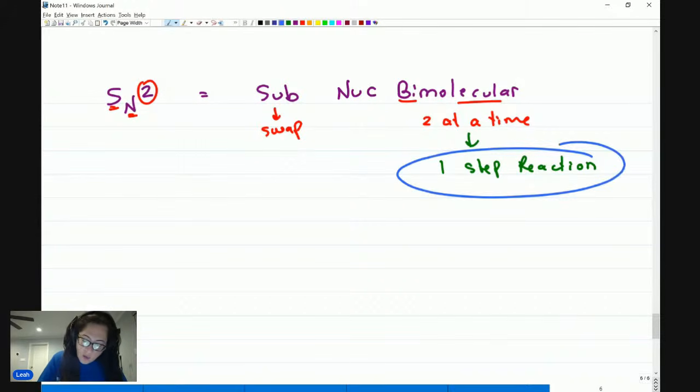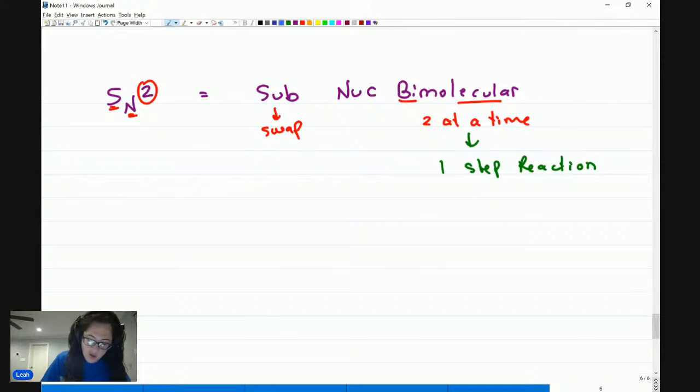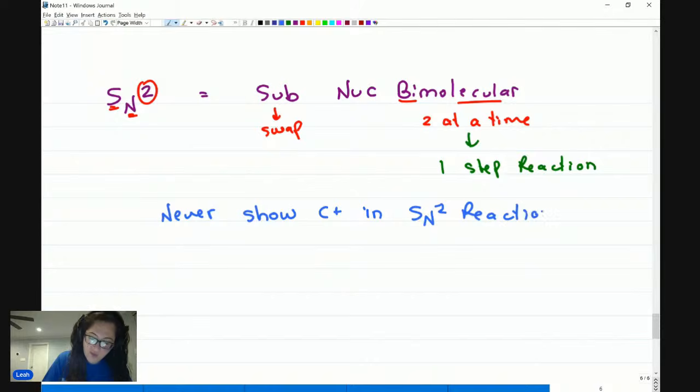If this is a one-step reaction, there are no intermediates. And so I never, ever, ever want to see a carbocation in an SN2 reaction. This alone can save you so many points. There are no intermediates in an SN2 reaction.